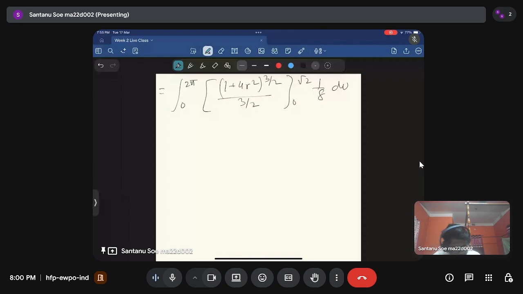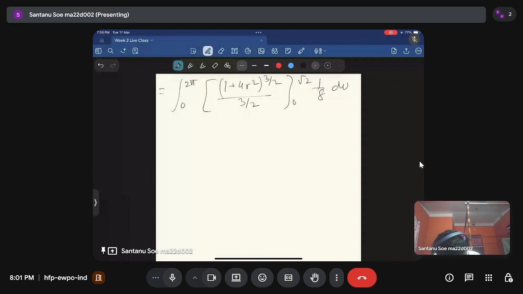So r square is 3r sine theta, or r equals 3 sine theta. Hence this surface integration is over this region, the integral of the square root of 1 plus zx square plus zy square dx dy.